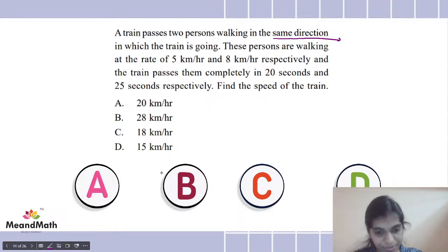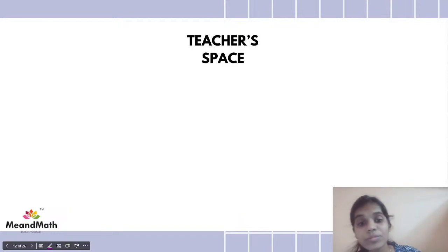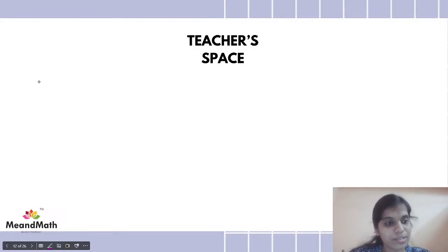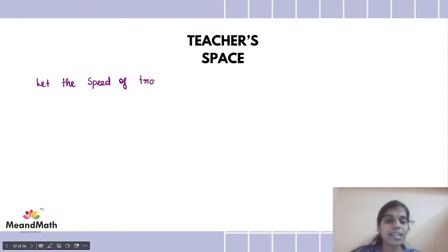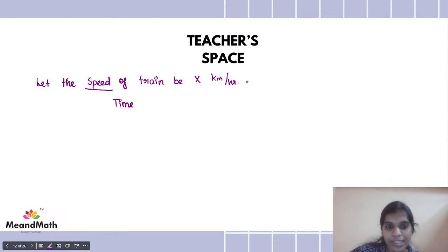Let the speed of the train be x kilometer per hour. Speed is distance by time.